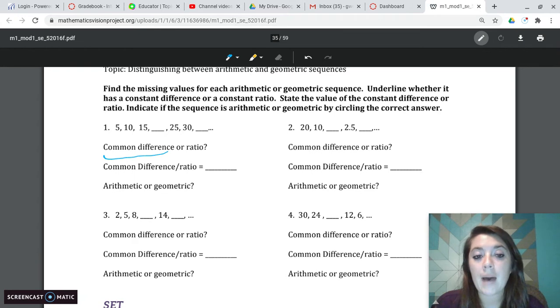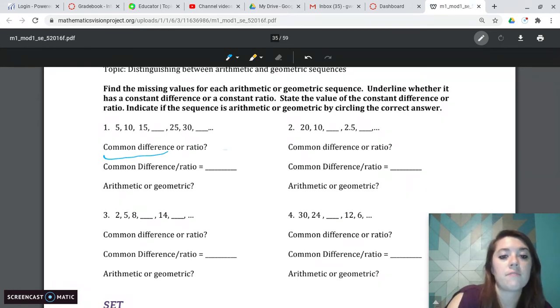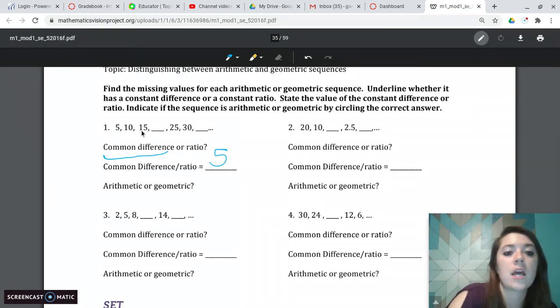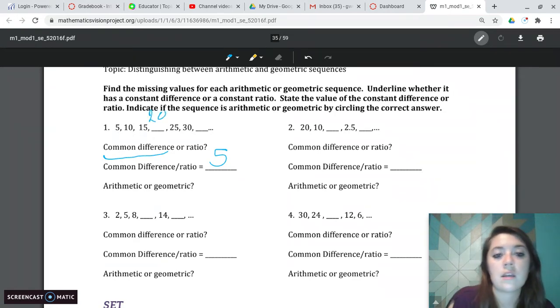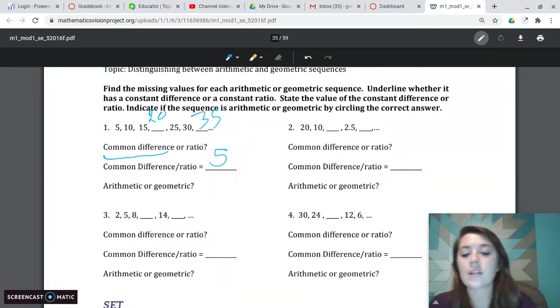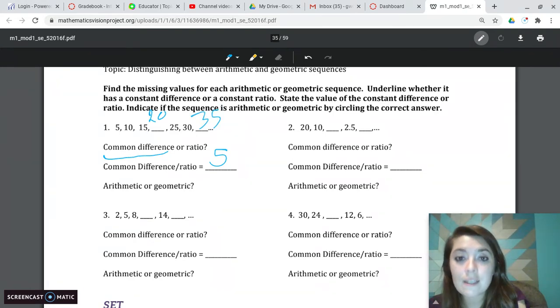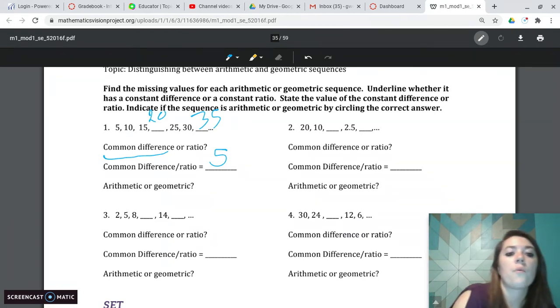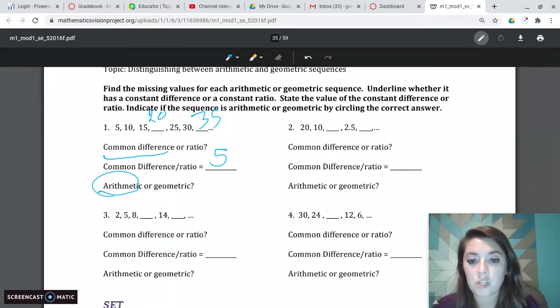So we're going up by 5 each time. So 5, 10, 15, 20, 25, 30, 35. And being as we have a common difference and we're going up by 5 every time, we have an arithmetic sequence, not a geometric.